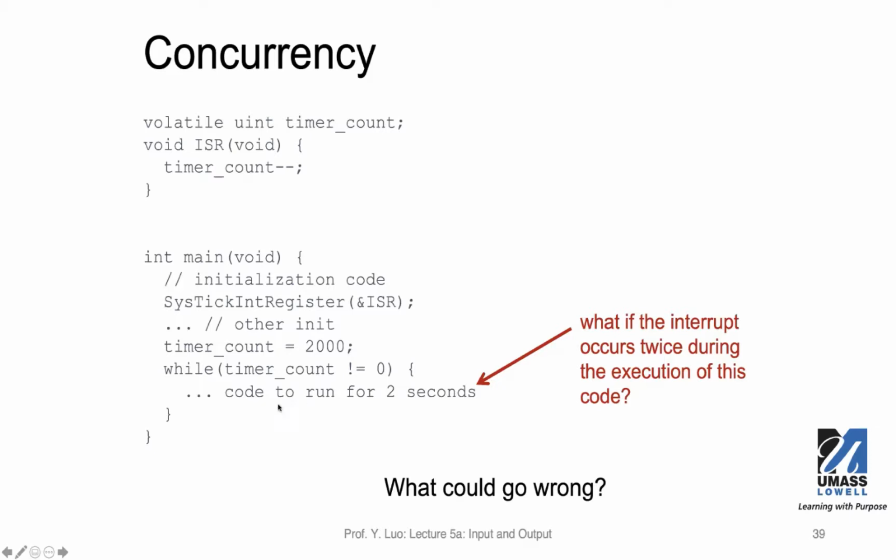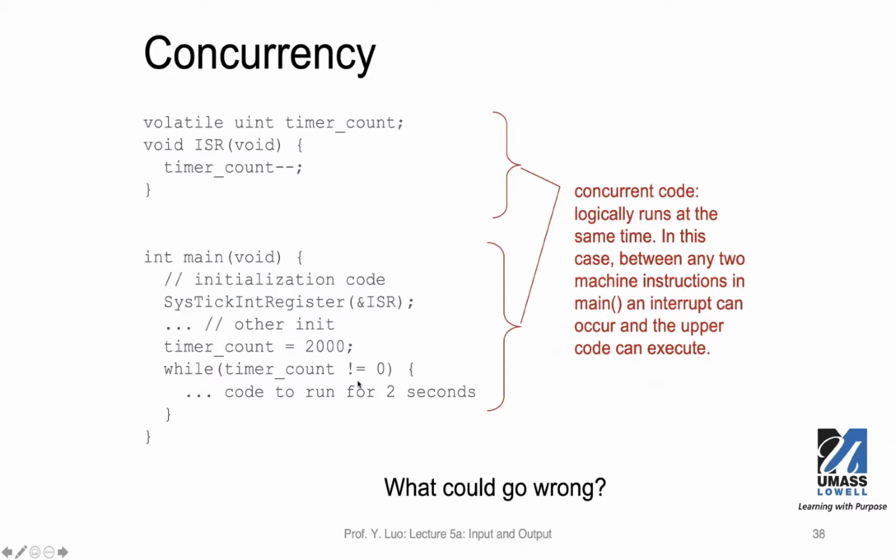The problem is that when you have -1 as the timer count, the while loop condition is still not equal to 0, because actually you bypassed 0. So you never reach the true condition or false condition of this check. Your counter keeps decrementing, so you're going to have a negative value, but you will never reach the condition ending this while loop.